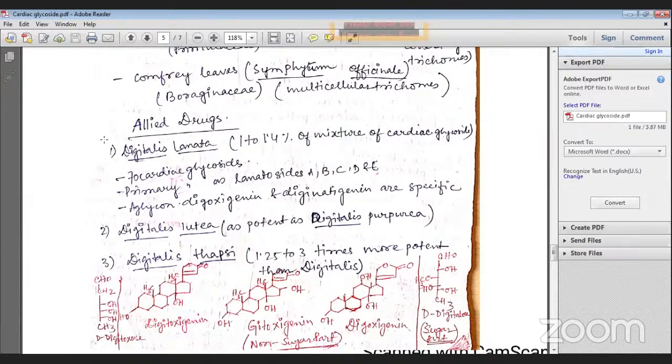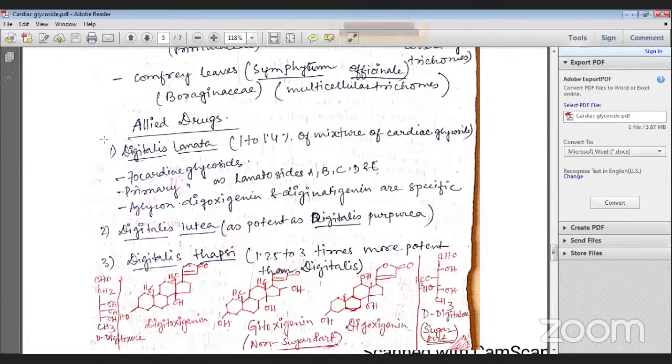Next is the aglycone part. In case of Digitalis lanata, the aglycone part is digoxigenin and digitoxigenin. In case of Digitalis purpurea, the aglycone part is digitoxigenin and gitoxigenin. These are the distinguishing characters. Next is Digitalis lutea, which is as potent as Digitalis purpurea.